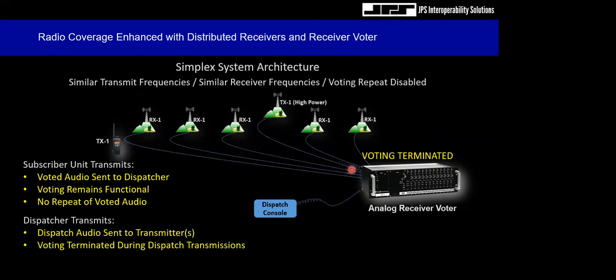We bring the audio to the comparator, but we don't do anything with that information because we do not want to retransmit or rebroadcast any information from the field and create, again, that side tone or feedback. So these are still popular systems. Again, I see most of this type of architecture in a fire protection system or environment where firefighters, for instance, rely on Simplex communications or unsupported Simplex.